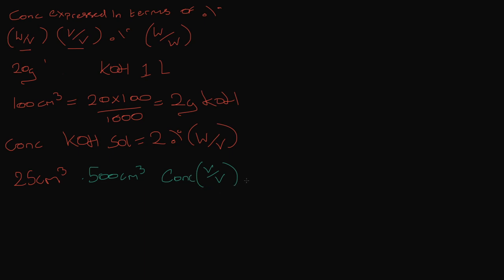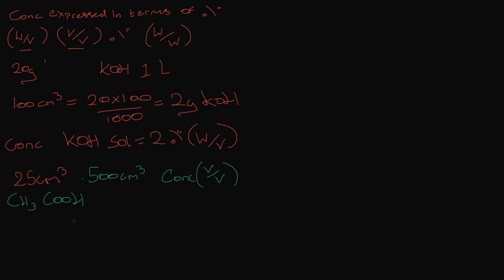Ethanoic acid is CH3COOH. So we have 25 cm3 of that in 500 cm3 of solution.